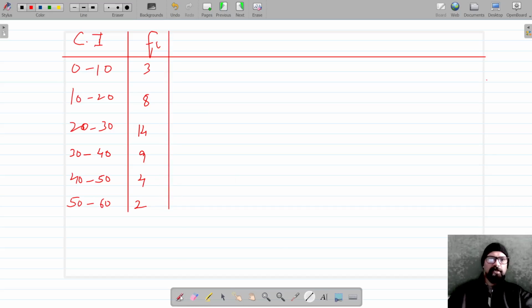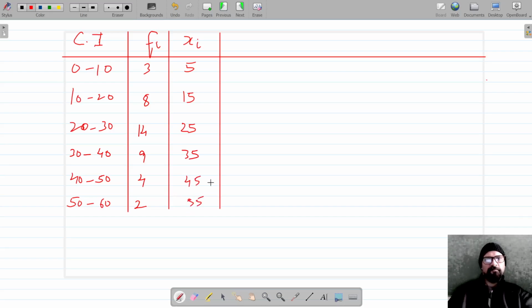And now let's find out the class marks, which is denoted by Xi. And the class marks are upper limit plus lower limit divided by 2. So which is 5. 10 plus 20 is 30 divided by 2 is 15. 20 plus 30 is 50 divided by 2 is 25. This is 35, 45, and 55.